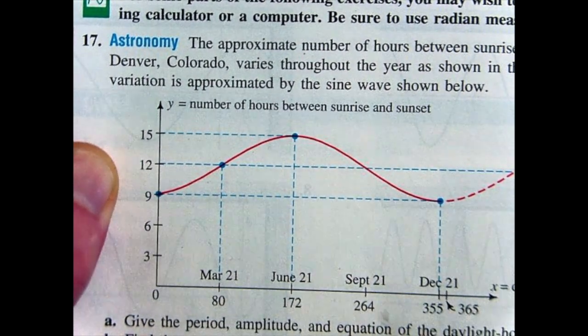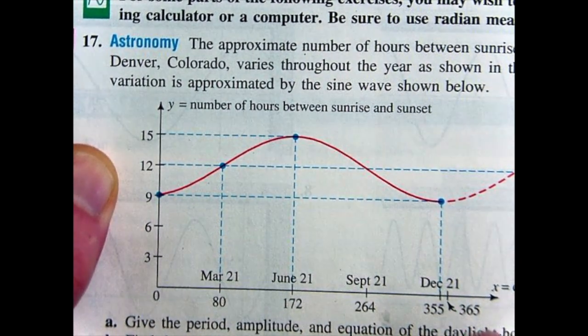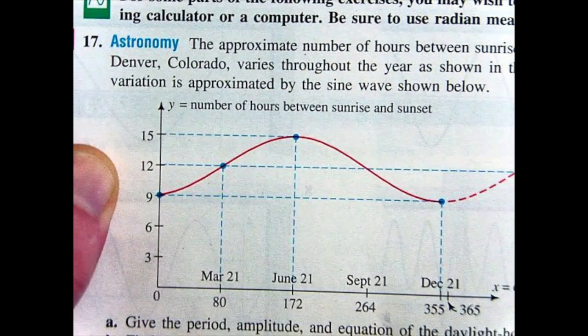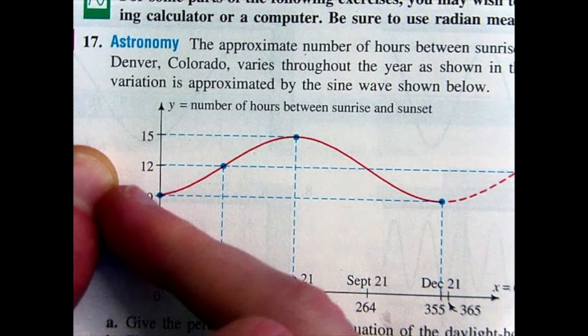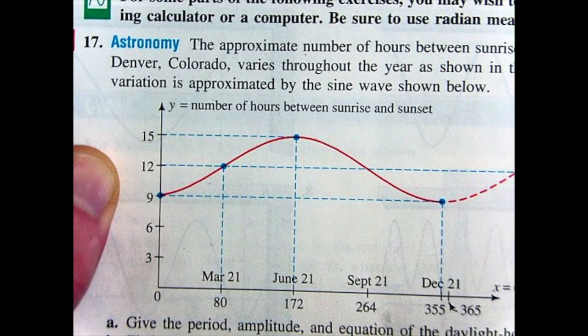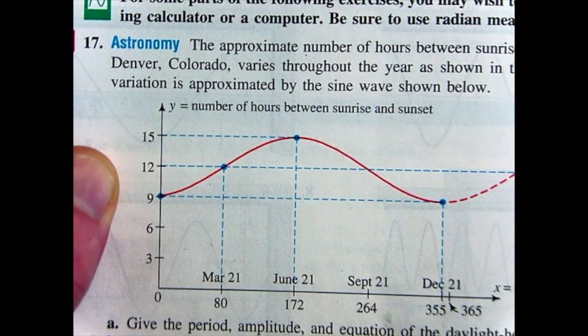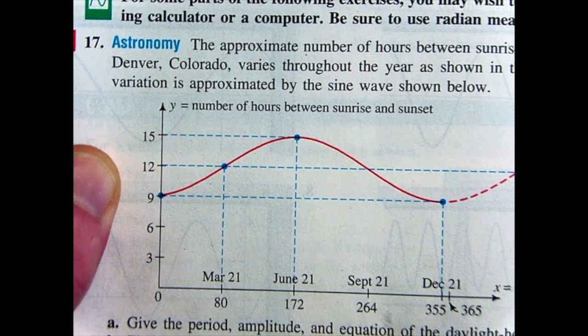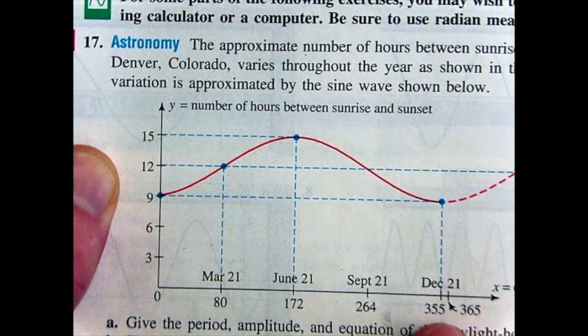Okay, look, I understand that since this problem is about a phenomenon which is taking place over the course of a year, logically it makes sense that the period should be an entire year, should be 365, but the graph definitely doesn't look that way.